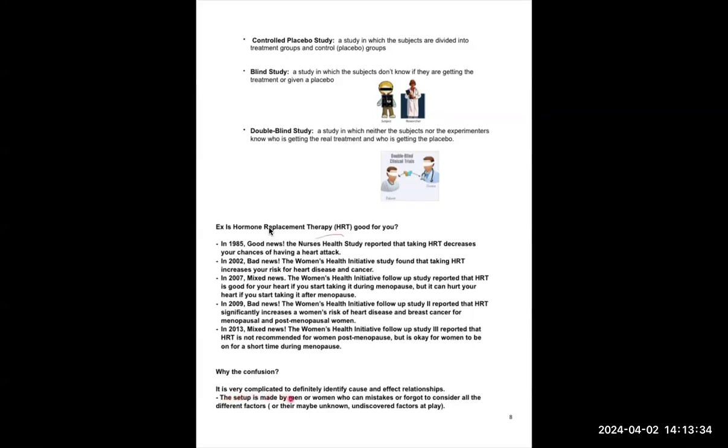So it is very complicated to definitively identify a cause and effect relationship. For one thing, the setup is made by men and women who can make mistakes, who forget to consider all the different factors, or maybe there are unknown, undiscovered factors that actually apply and make a difference in the study.